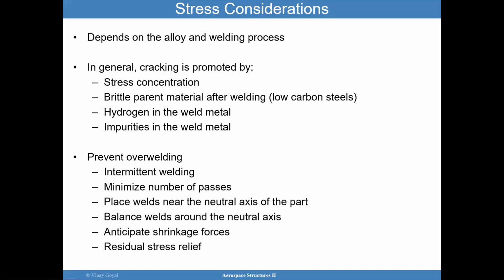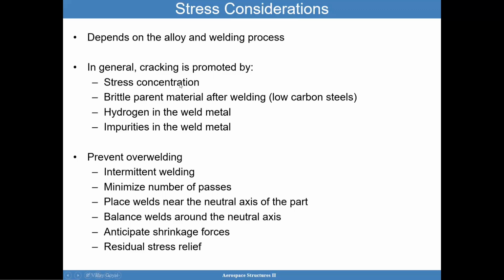The welding process depends on the alloy and the welding process. In general, cracking is promoted by stress concentration and a brittle parent material after welding. That's specifically true for lower carbon steels. Hydrogen in the metal could also be a problem, as could impurities in the metal.